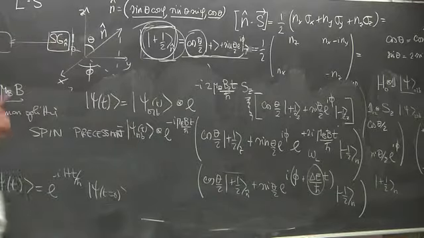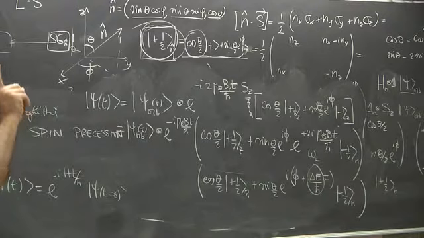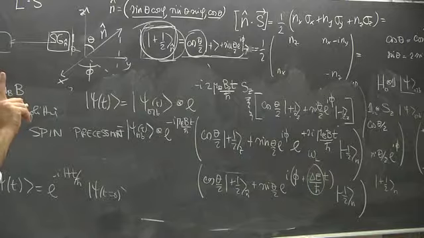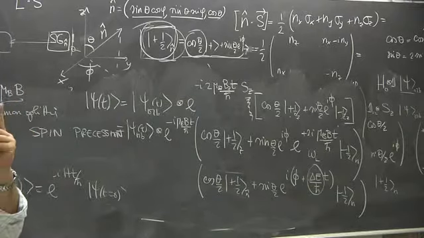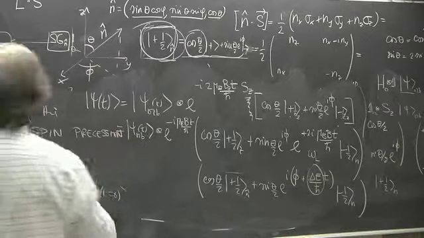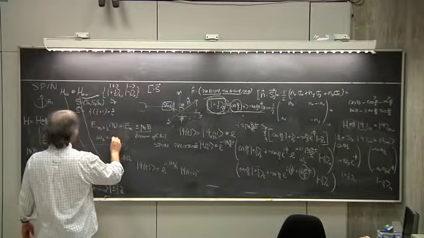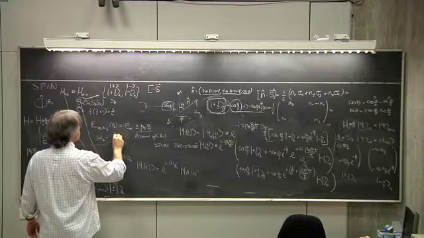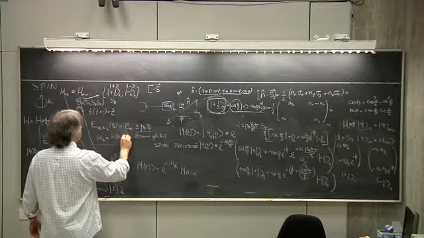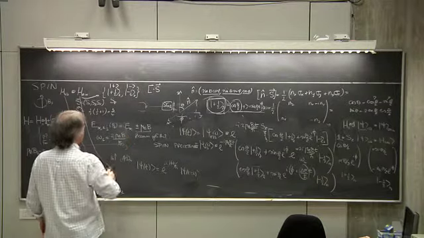So if I prepare a certain spin state in a certain direction and I put a magnetic field along z, like a top would do, the top precesses around the gravity field. Now, this precession occurs with the frequency omega L, which is 2 mu B B divided by h bar.